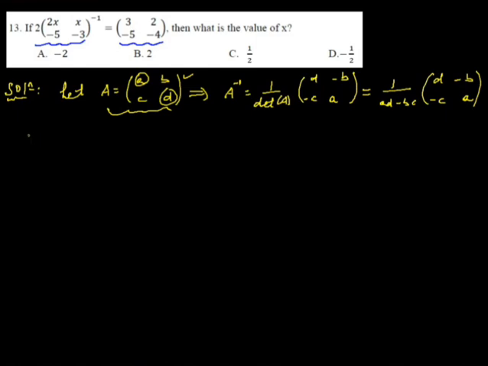So the question is: 2 times the inverse of [2x, x; -5, -3] is [3, 2; -5, -4]. We want to calculate the value of x, but here we need to know the inverse of the given matrix.